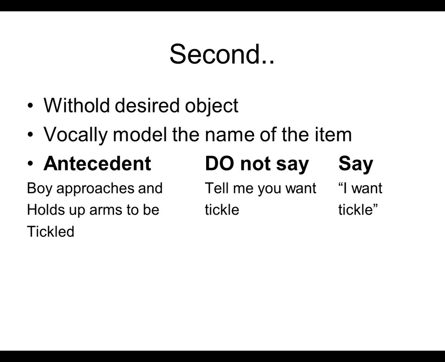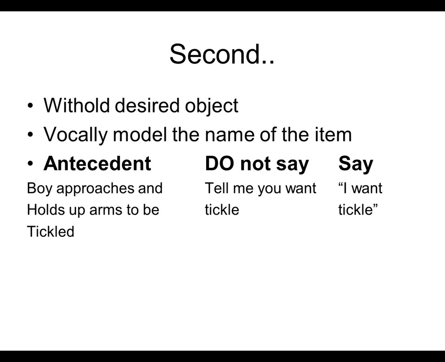And basically, the antecedent is going to be the child's interest. They're approaching something. I have the example here, holds up arms to be tickled. You see that a lot, or holding up arms for you to pick them up. Well, rather than just picking them up because their arms went up, we're going to have that opportunity now to work on the vocal.